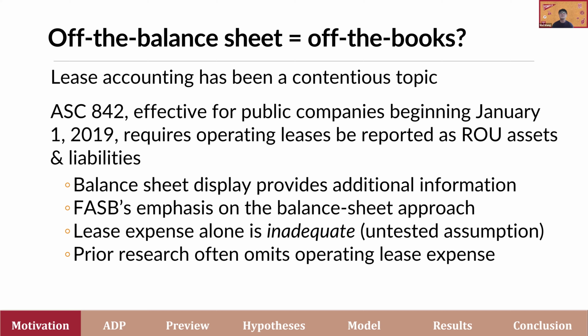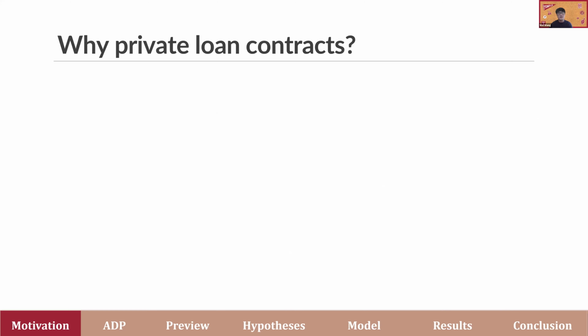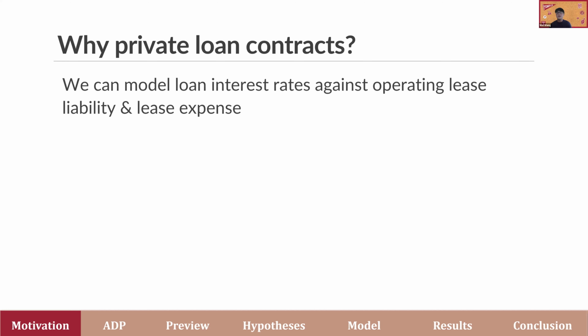It could be different, but the logic is the following. Let me go to my second slide, as I talk about why we want to focus on private loan contracts, and hopefully the first bullet point will get to what you were asking, Kalash. So why do we focus on private loan contracts? A practical reason is that we can model loan interest rates, a direct, visible measure of how much lenders charge borrowers.